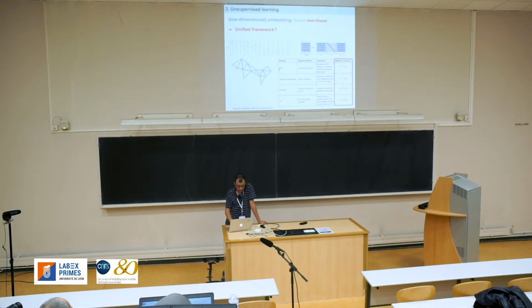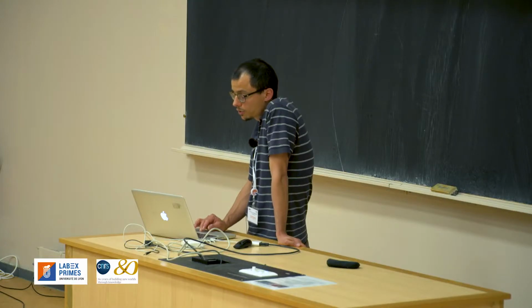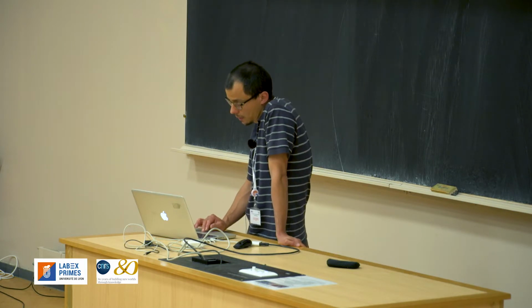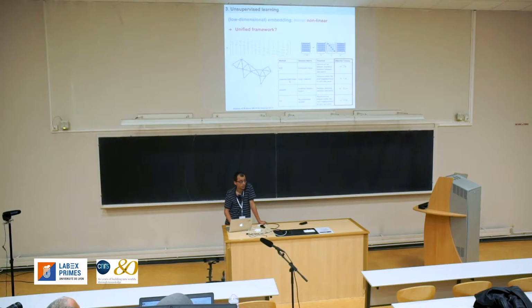And you see that, for example, in PCA, what you try to look for is the main modes of variation. Your object of interest is the covariance matrix, which you diagonalize. If you look at Laplacian eigenmaps, your object of interest is the graph Laplacian, and it's the one that is involved in the diagonalization.